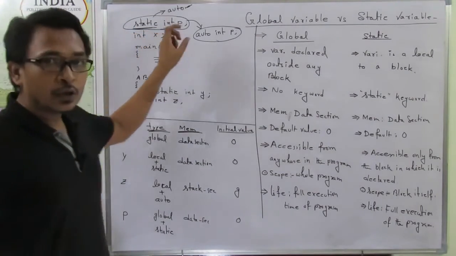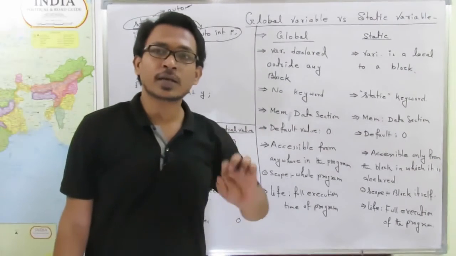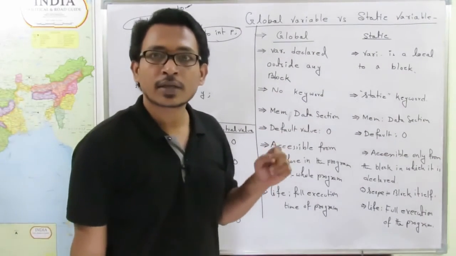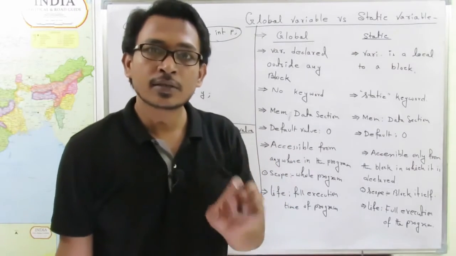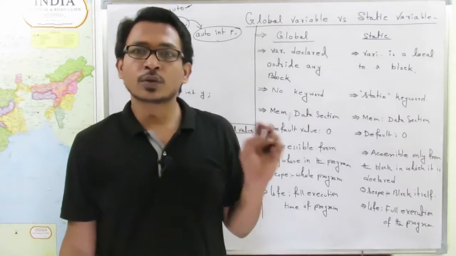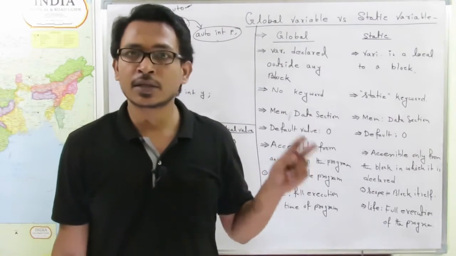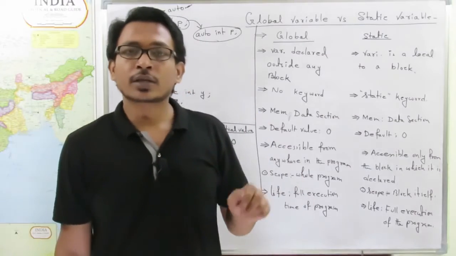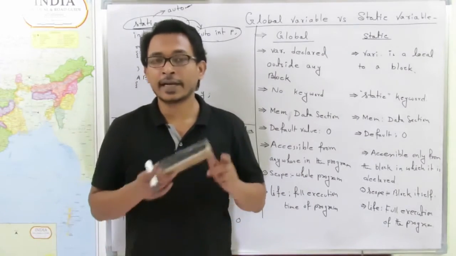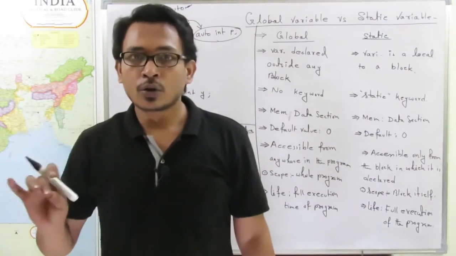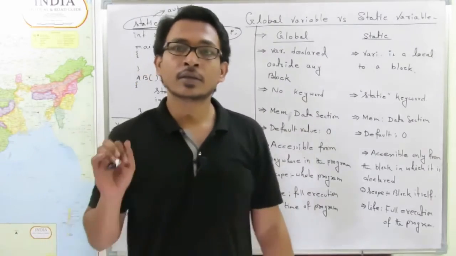The system internally executes that instruction, not the one we specified as static int p. Even though we specified the storage class as static, we specified it with a global variable. Whenever we specify static storage class with a global variable, the system internally converts that static storage class into auto storage class and works with auto, not with static.